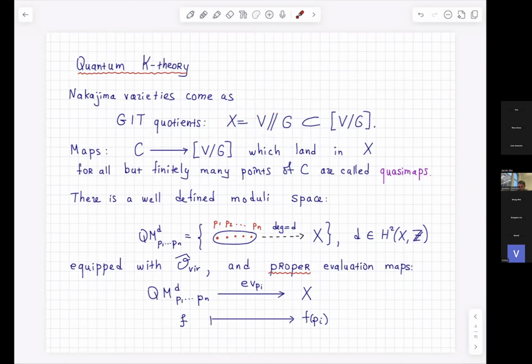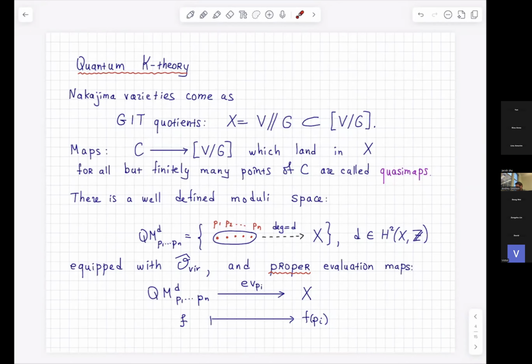So for all but finitely many points on this curve, you land in the stable locus, so you land in X, and at some points it's allowed that the values are not stable, and those points are called singular. Maps like that with finitely many singularities are called quasi-maps.